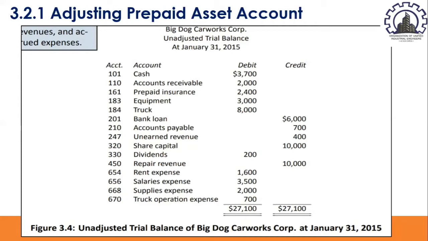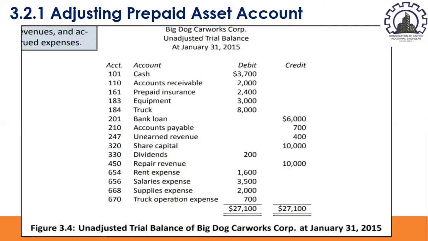As you can see in figure 3.4, it shows an unadjusted balance in prepaid insurance of $2,400. Now, recall that in Chapter 2, Big Dog Corporation paid for a 12-month insurance policy that went into effect on January 1st, transaction number 5, correct?